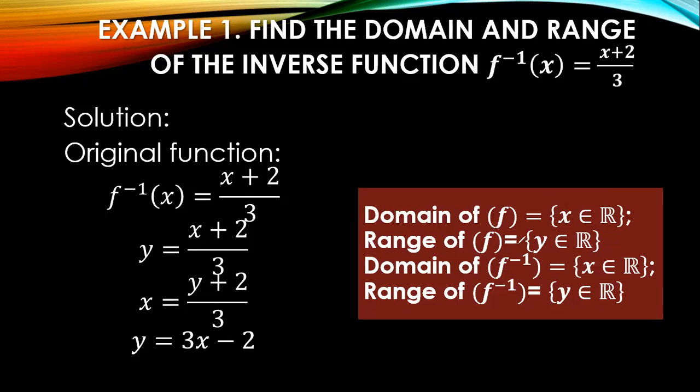Range of f is equal to y element of all real numbers. Domain of f raised to negative 1. Okay, ito po yung magka-partner dyan. Si domain of f tapos range ni f raised to negative 1. Si range of f and si domain ni f raised to negative 1. Eh, since pare-pareho lang naman yan, so copy lang na all real numbers.